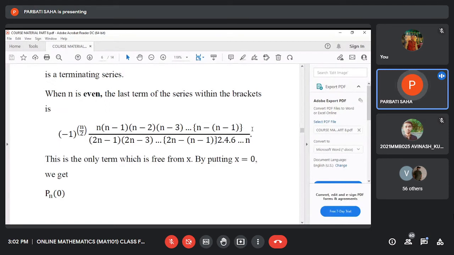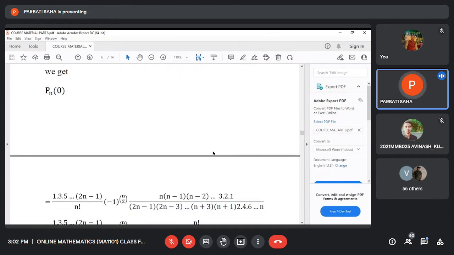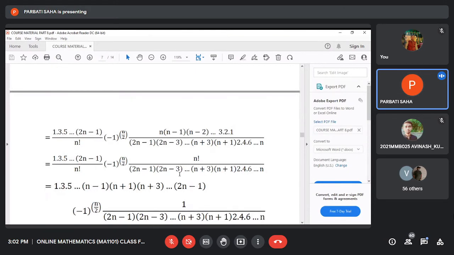And since it is x to the power 0, there is no term containing x. Actually, this is free from x. So by putting x equals to 0, what has happened? Only this will be the non-vanishing term, because this term is independent of x. So Pn0 is given by this.